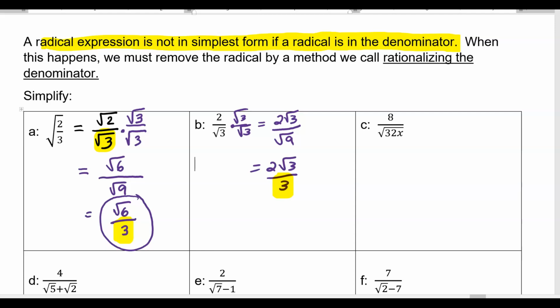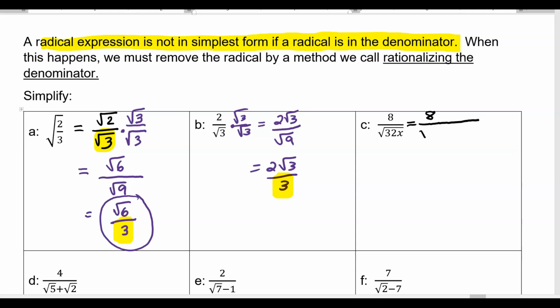C is a little bit more complicated. What you could do is simplify it first, or you could multiply it by the square root of 32x. But let's see what would happen if we simplified it first. So I'm going to say equals. And what I mean by simplify is 32 contains a perfect square.